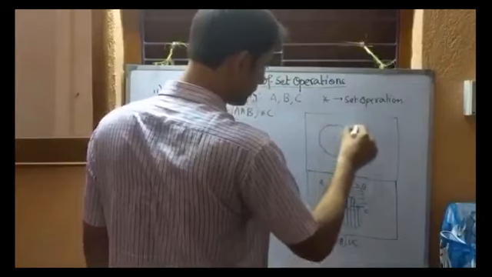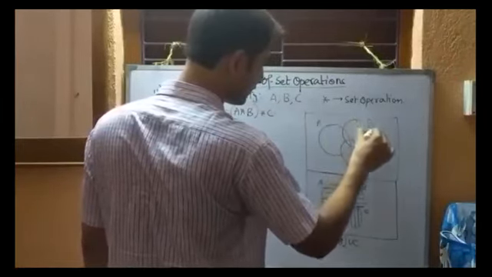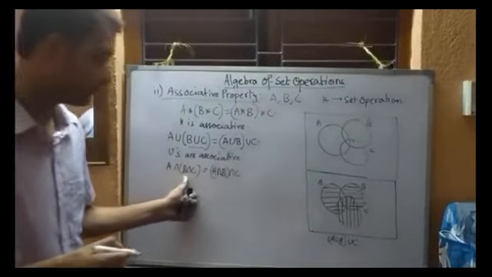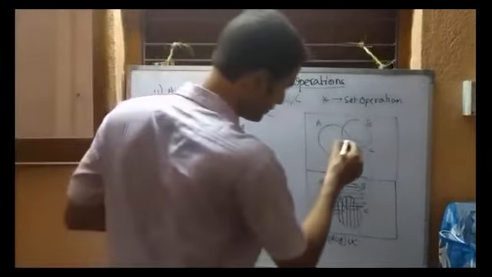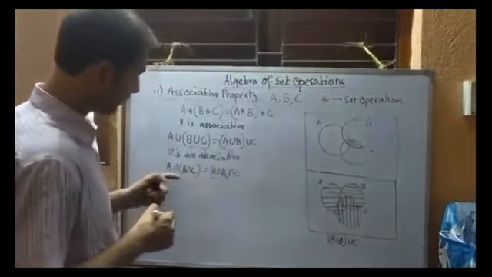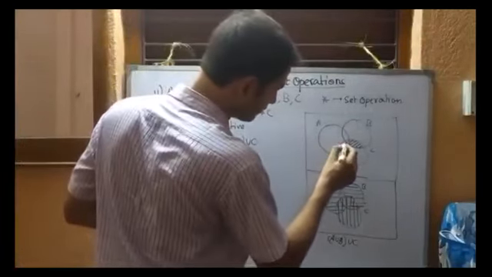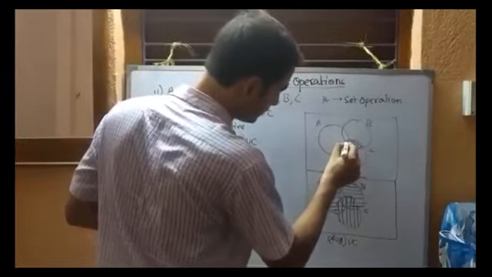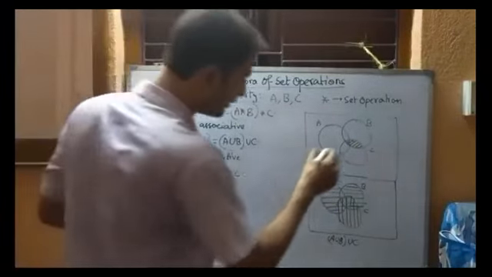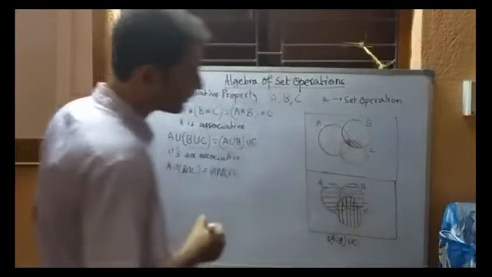Take these as the sets A, B, C, and see for the left hand side. First we take B intersection C. So this is this region, and then we take A. So this is the intersection of A and B intersection C. It is the triangular shape here.